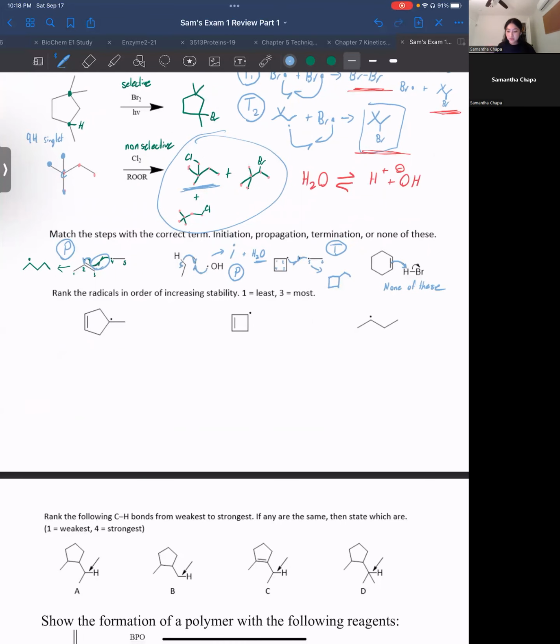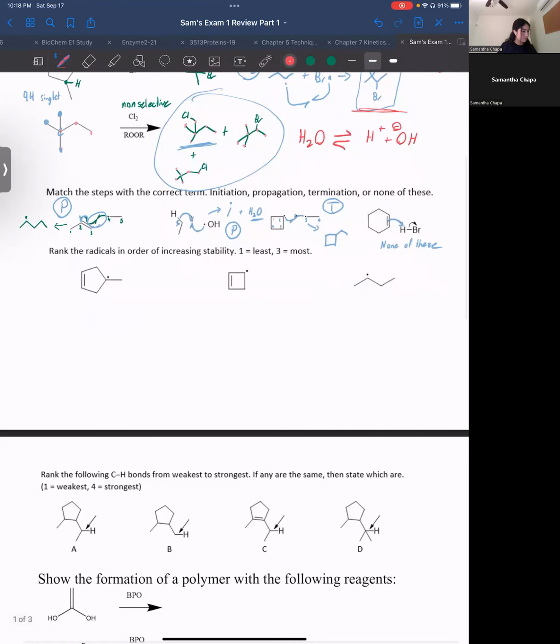Rank the radicals in order of increasing stability, 1 being the least, 3 being the most. Okay, so then some notes that you need for this one. Let me bring it over here. For radical stability, this is a primary radical, and it's less stable than a secondary radical.